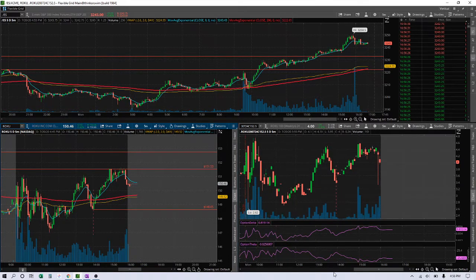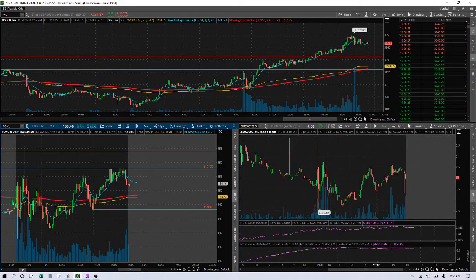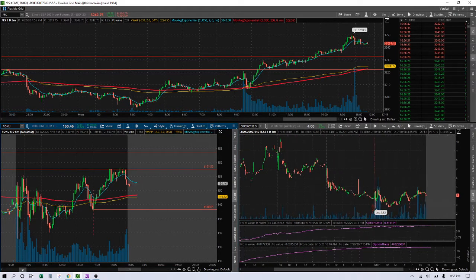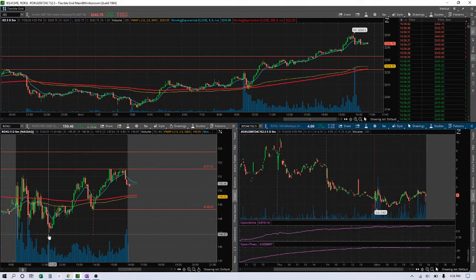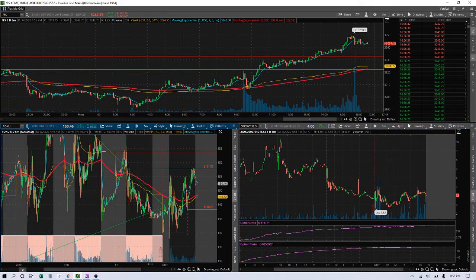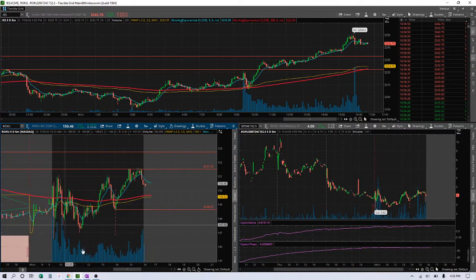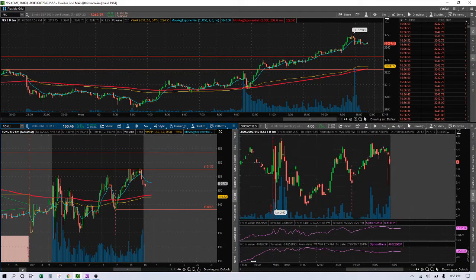I like doing this just after hours or whenever, honestly, just to see. You can zoom out on both of them and see how the option contracts are moving with the stock, and it can teach you a lot about buying and selling options and when you should do that.